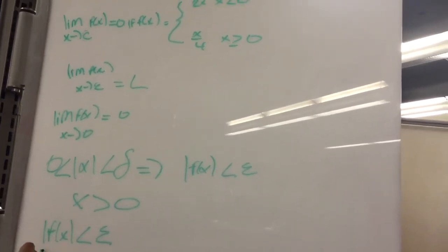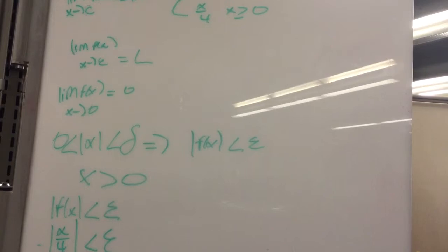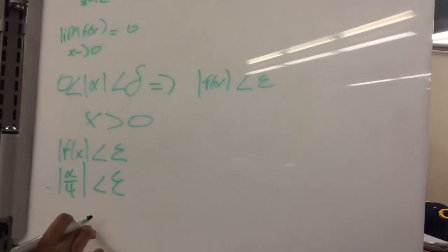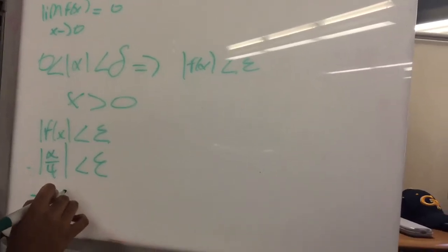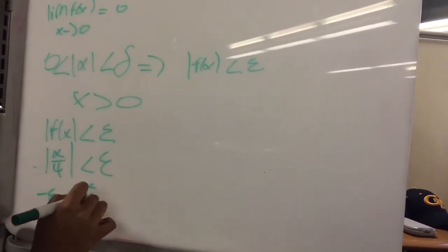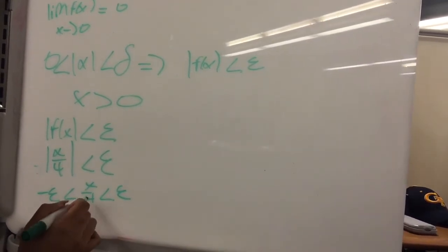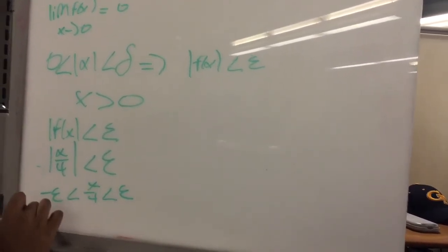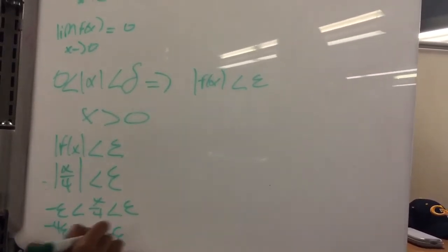So then you substitute that in: x over 4 is less than epsilon. This can be rewritten as negative epsilon is less than x over 4, which is less than epsilon. We then try to get x by itself and multiply each side by 4 to get negative 4 epsilon is less than x, which is less than 4 epsilon.